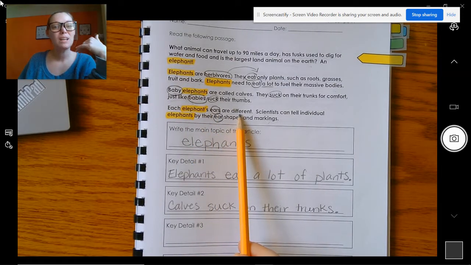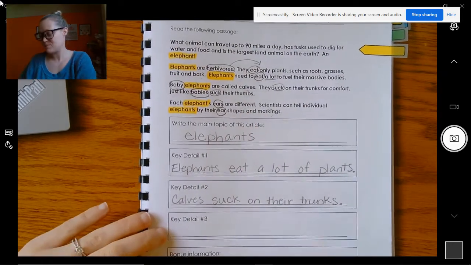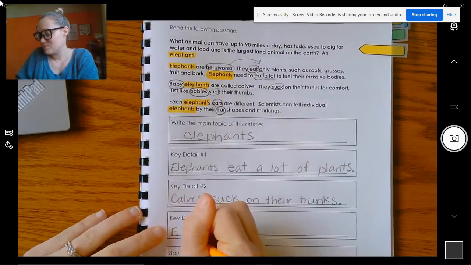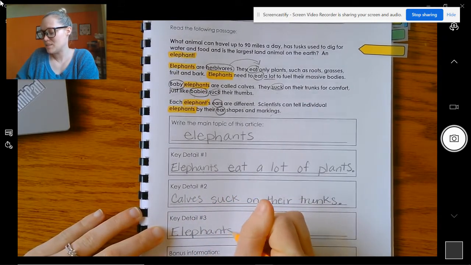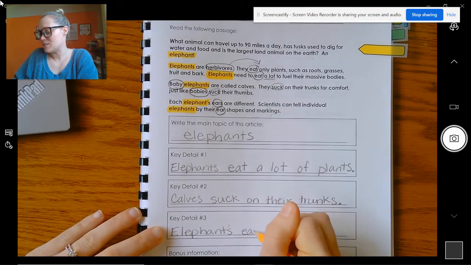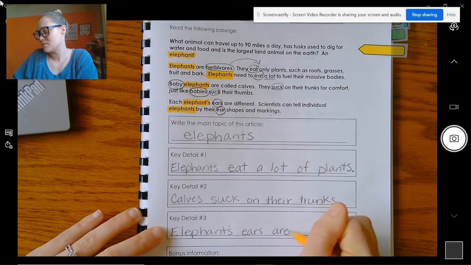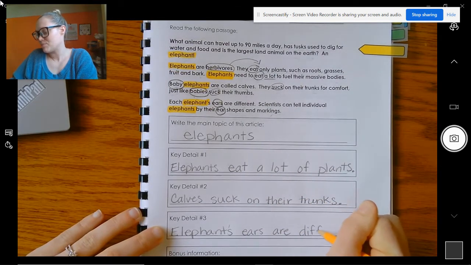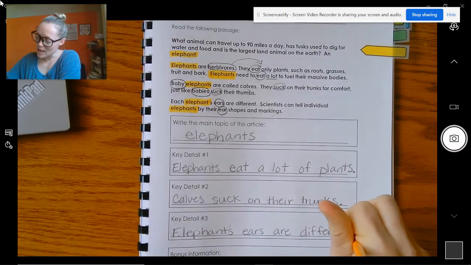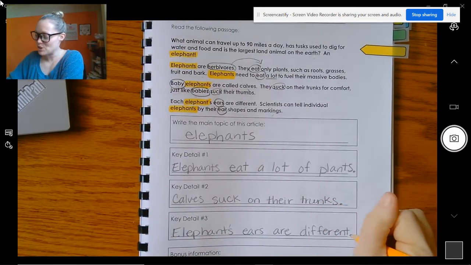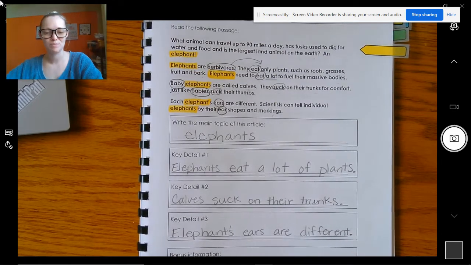To remember that elephants' ears are different. Elephants' ears are different. Go ahead and press pause and write down your third key detail.